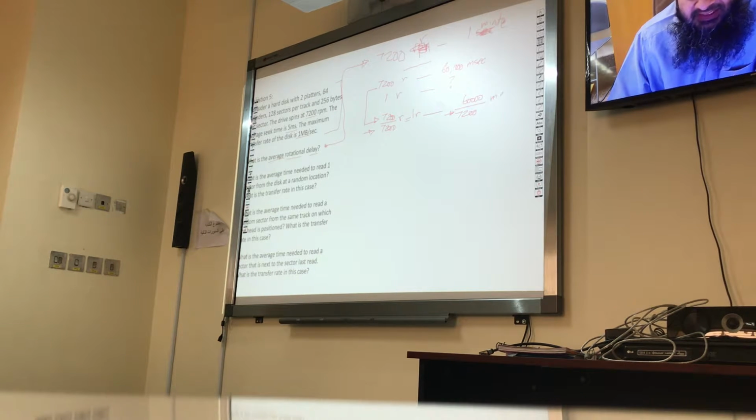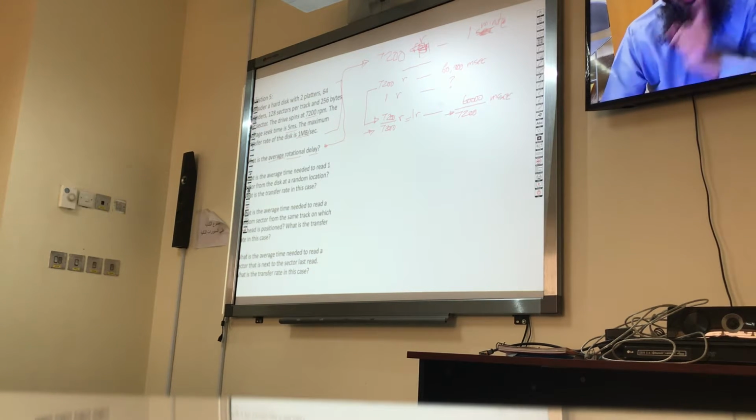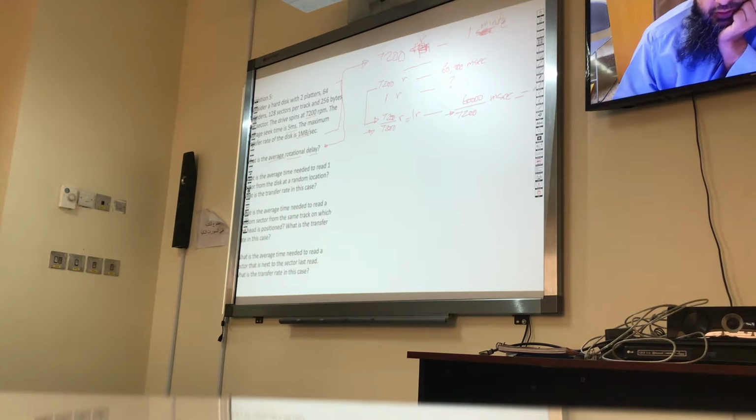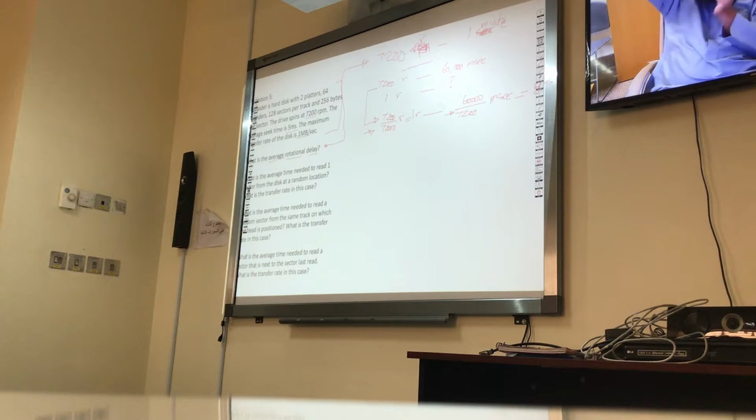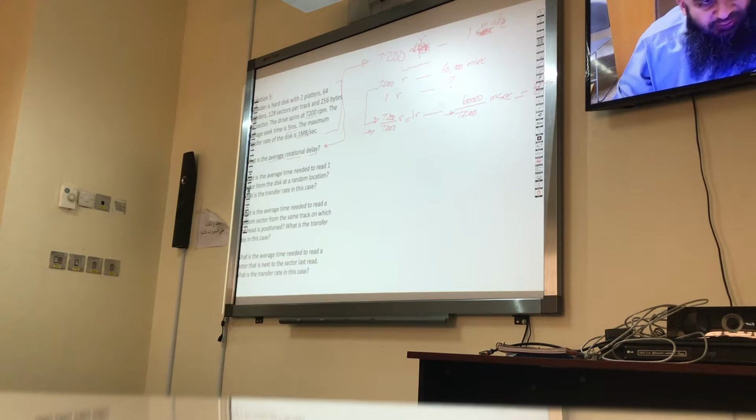So that's how many milliseconds it will take to complete one rotation, which comes out to be 8.3 milliseconds. Which means that in 8.3 milliseconds, one full circle will be completed, okay? Now, if that's the case, what is the average rotational delay? Look, the disk is here, right?